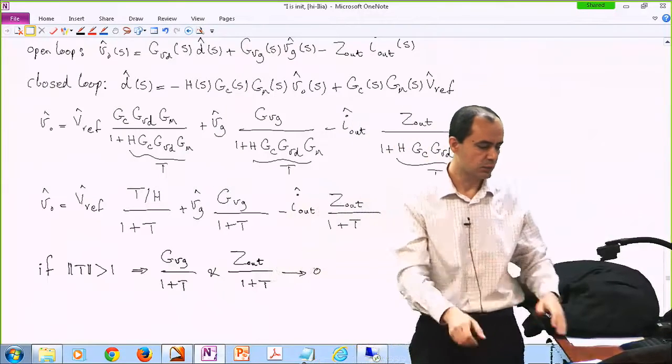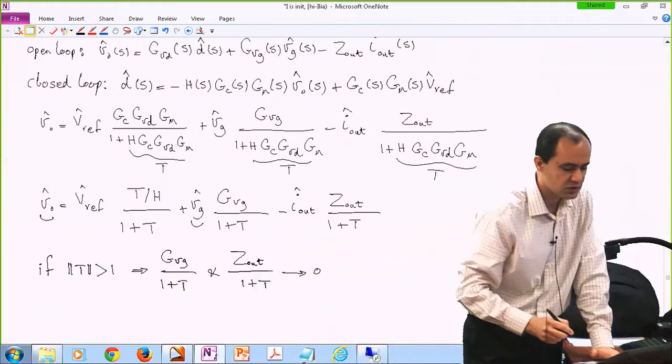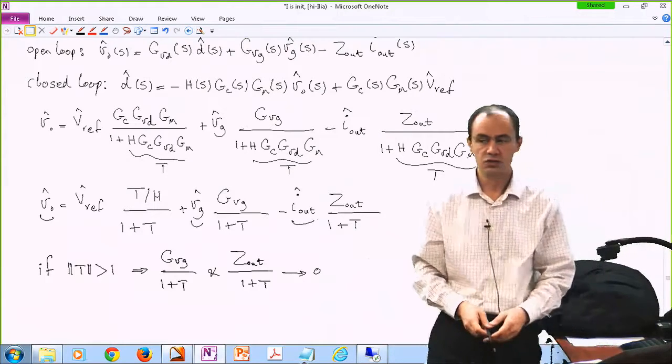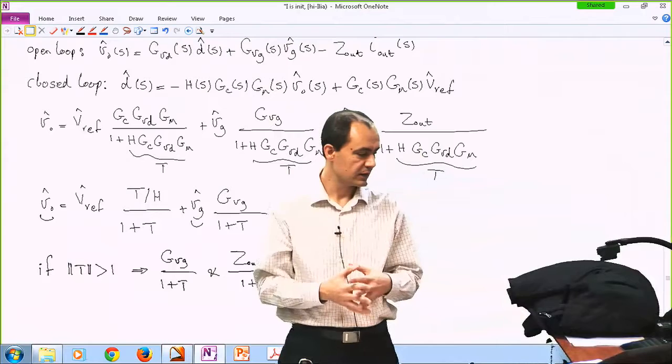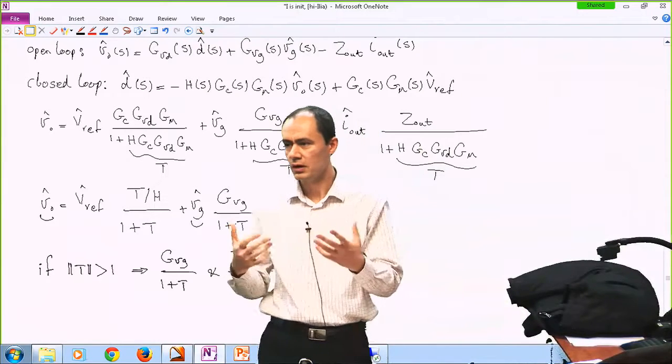That means my output voltage is not sensitive against variations in the input voltage, and it is not sensitive against variations in the output current. So that's actually a good thing to have T as your loop gain to be a very large number, basically.